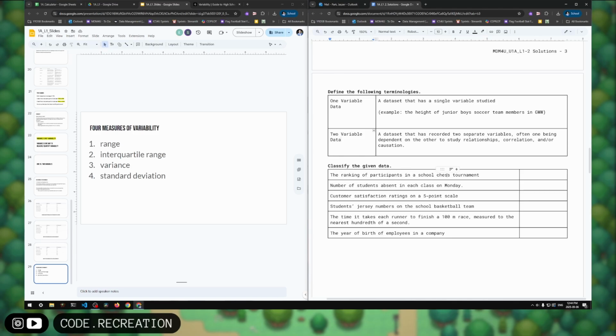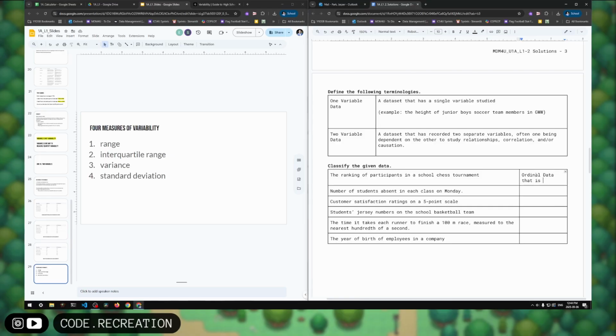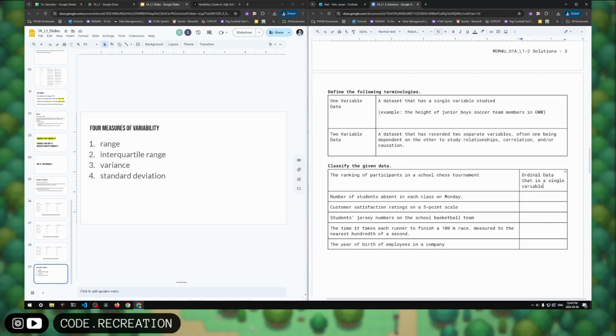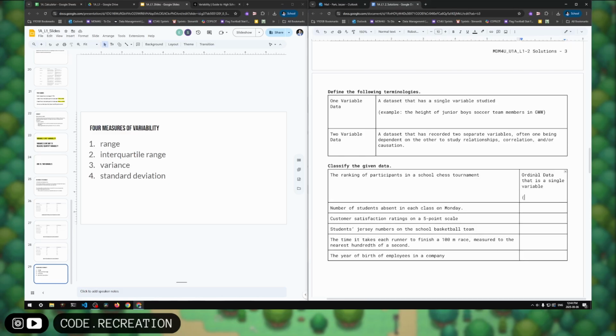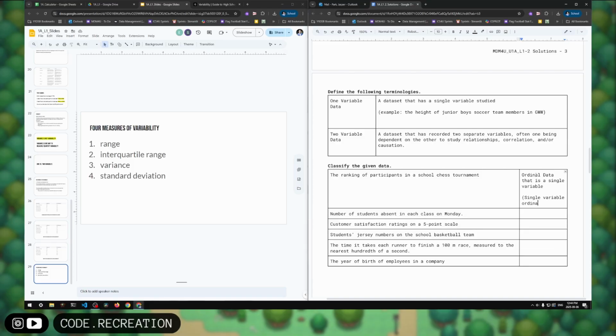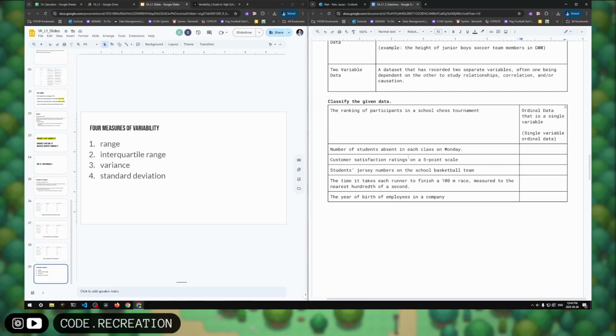The ranking of participants in a school chess tournament. So I would say this is ordinal data that is a single variable. So we can say single variable ordinal data. Okay, number of students absent each class on Monday.